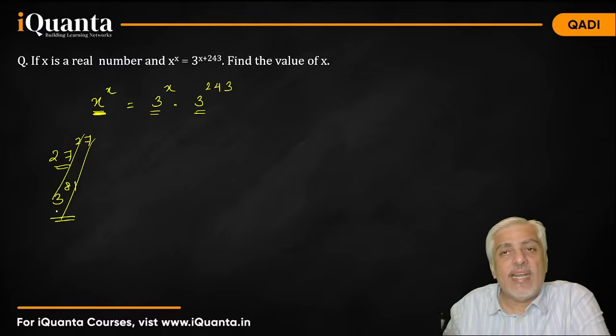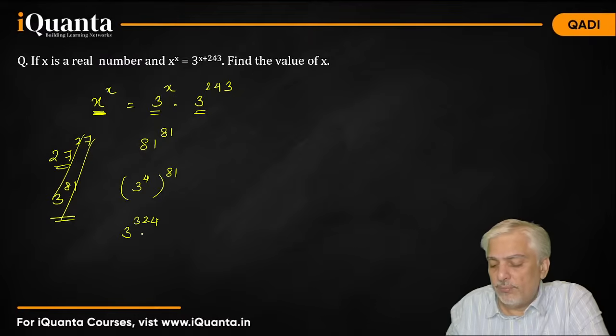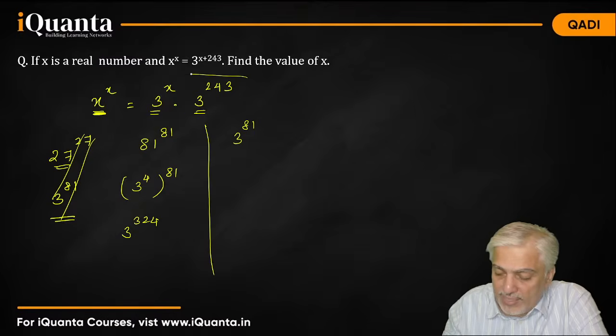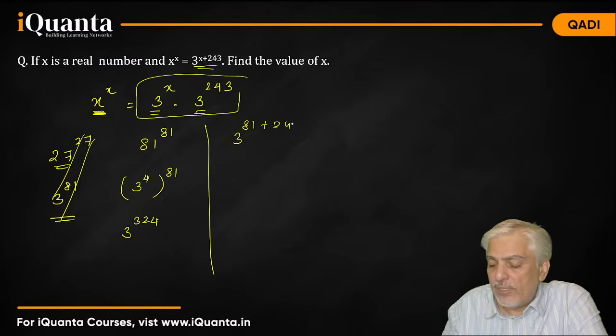So next I thought 81 raised to 81, which is 3 raised to 4 raised to 81. That is 3 raised to 324. Now on the right hand side, 3 raised to 81 plus 243 is 3 raised to 324.